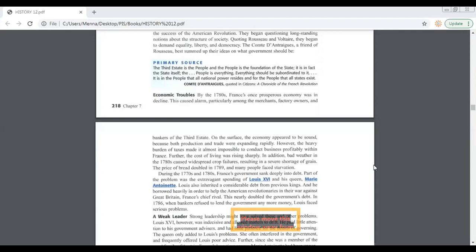So the second reason is that the economy started to decline. The third reason is that the cost of living increased. The fourth reason, the crops were little. The bad weather caused low crops or low harvests. And finally, all of this caused famines.